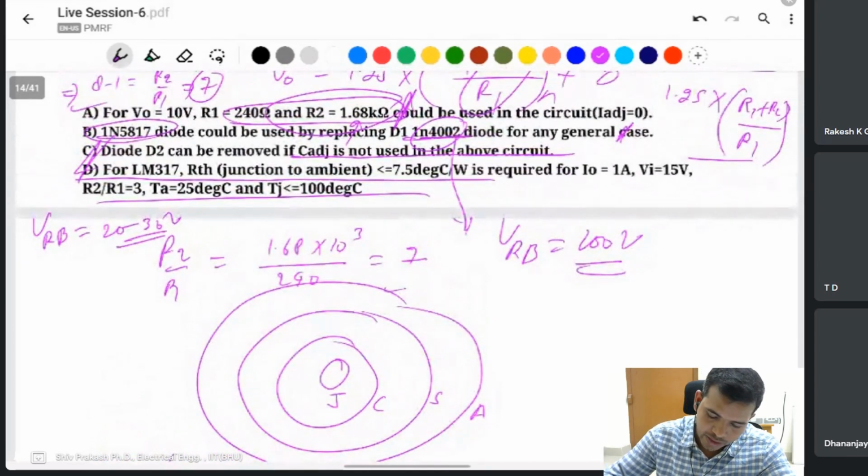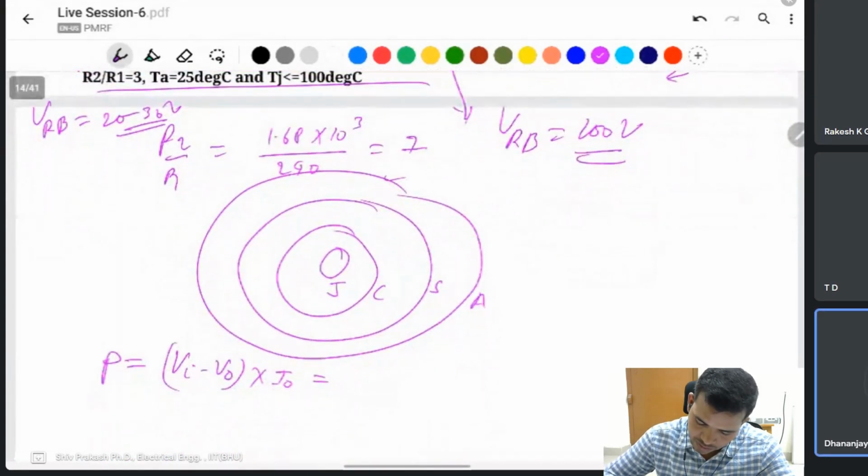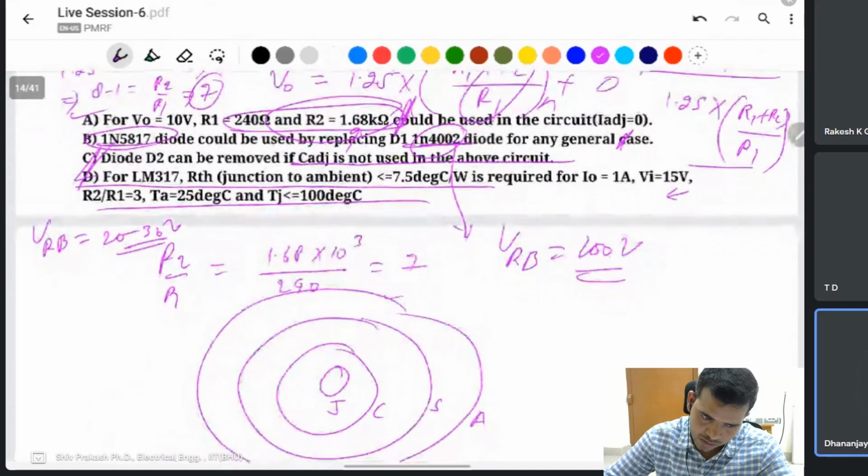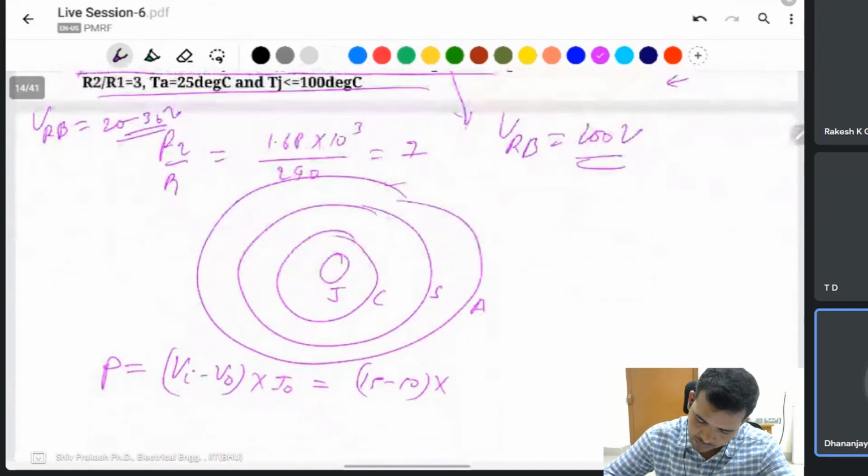You take 10 volt output voltage, then 15 minus 10 times 1 ampere is 5 watt.